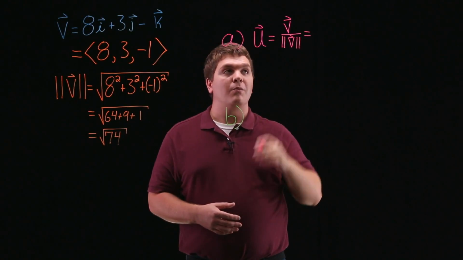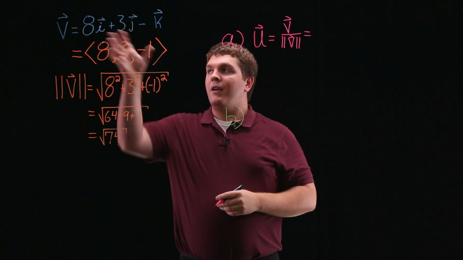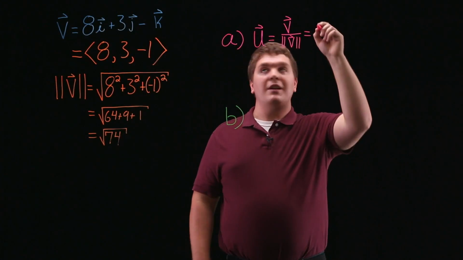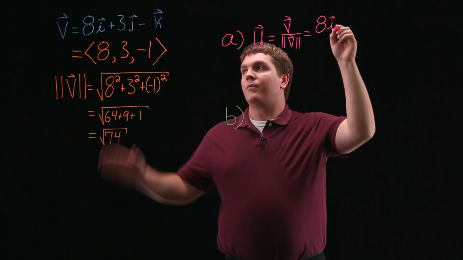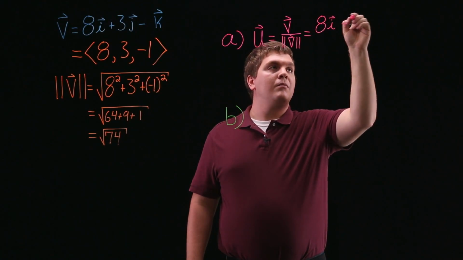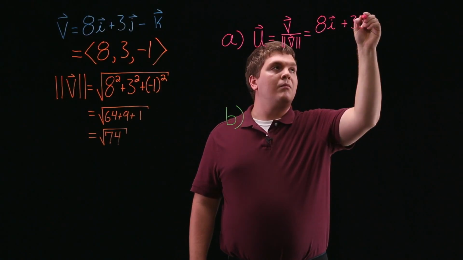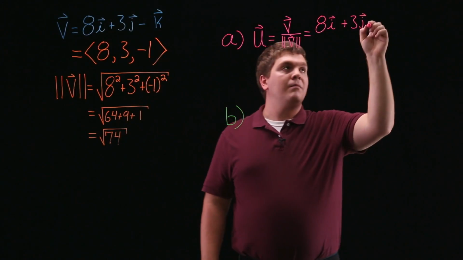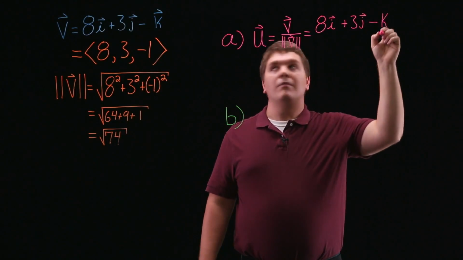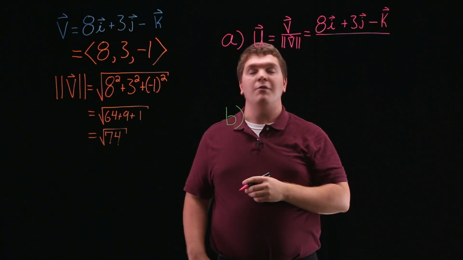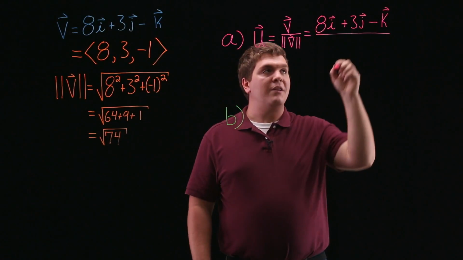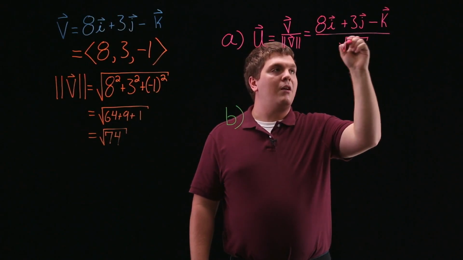So let's write down our vector v, and I'll leave it as we were originally given, as 8i plus 3j minus k. And this is all divided by the magnitude of our vector v, which we found to be the square root of 74.